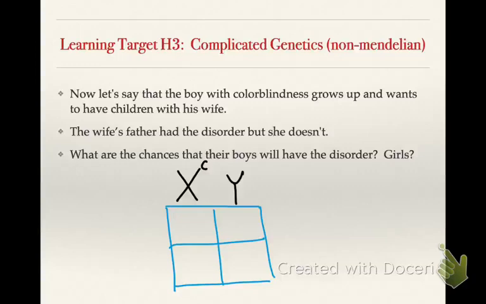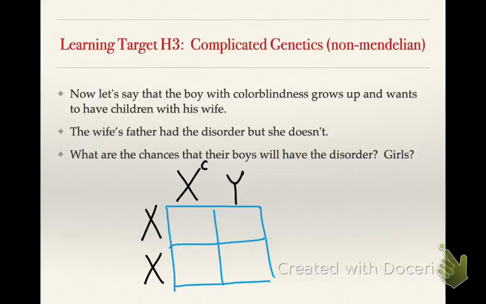All right, then I'm going to put the girl over here. What kind of chromosomes would a girl have for her 23rd set? 2 X chromosomes. Remember I told you, though, the wife's father had it. Well, this girl got 2 X chromosomes. One came from her dad, one came from her mom, right? And if the dad had it, dad only has 1 X chromosome to give.